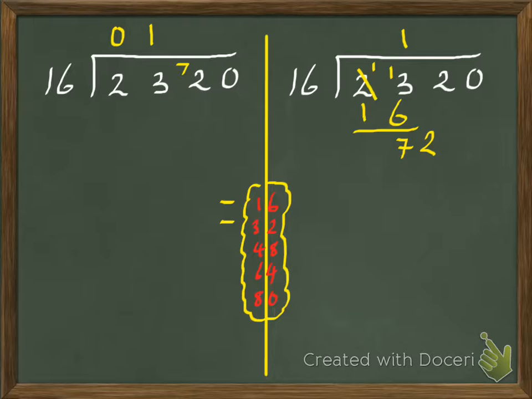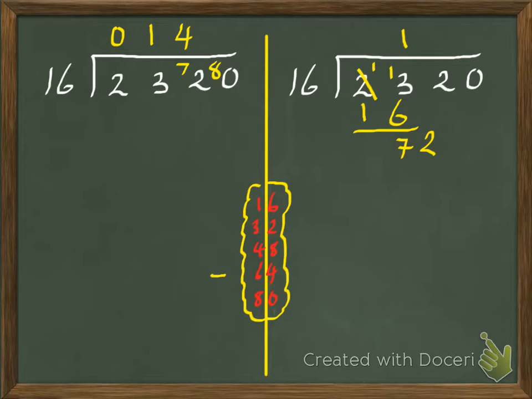I look back down at my table, and the closest one I've got is 4 times 16, which is 64. 64 to 72: 64 to 70 is 6, 7, 8, so it would be remainder 8.